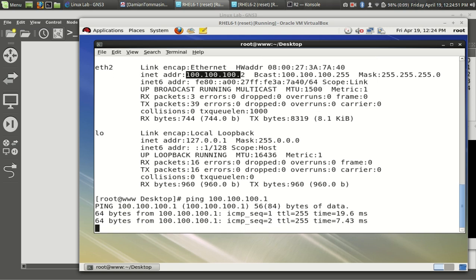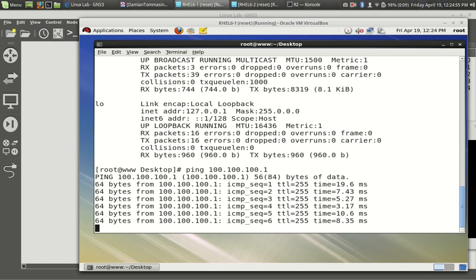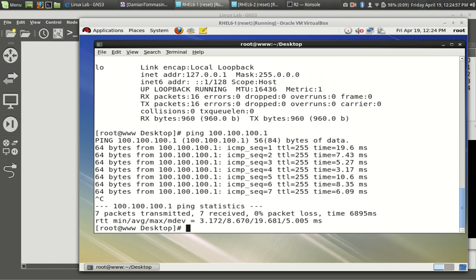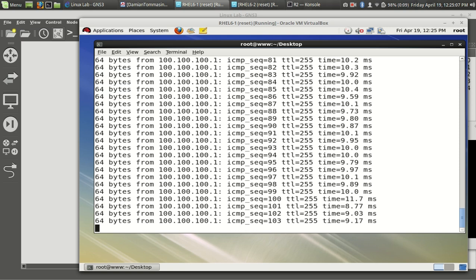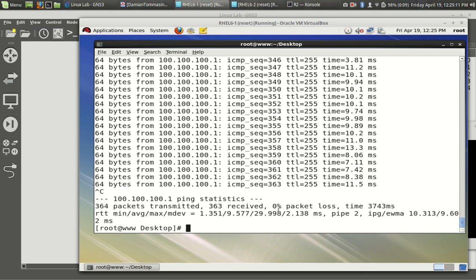You can see the reply is very slow. This is obvious with the 24-bit mask. If I go beyond, look, what is the difference? 364 packets transmitted and 363 received, 0% loss.